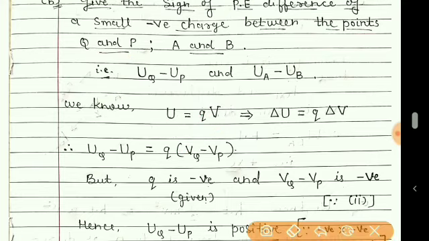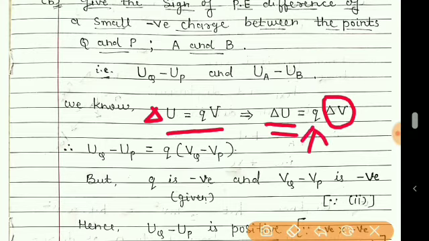And in this formula, if we take the delta, that is difference, then there will be a difference in the potential. This charge is not going to change, which is brought from Q to P. So if the potential changes, we can say potential energy also changes, and that's why there is delta, and delta means difference.